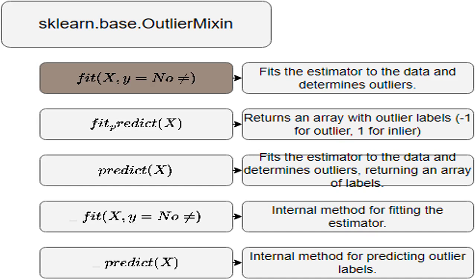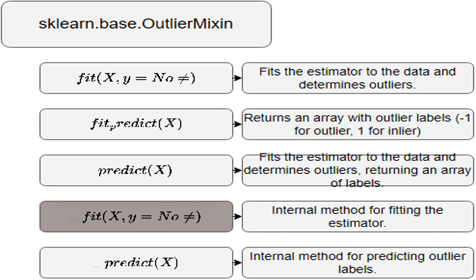The output of fit_predict returns the same array of outlier labels, while the output of fit updates the estimator's internal state.